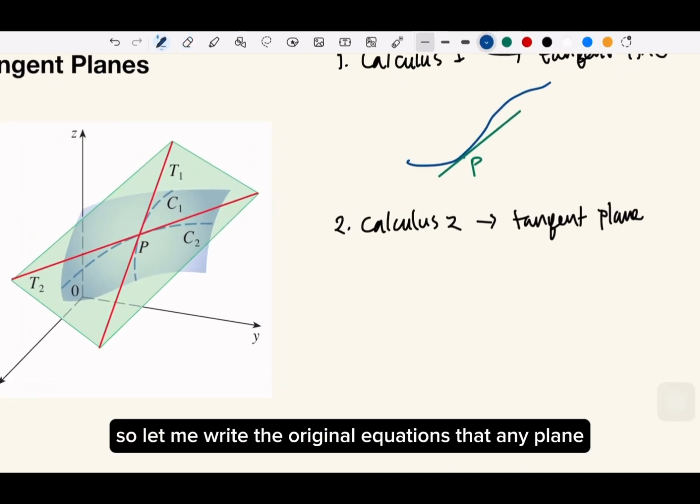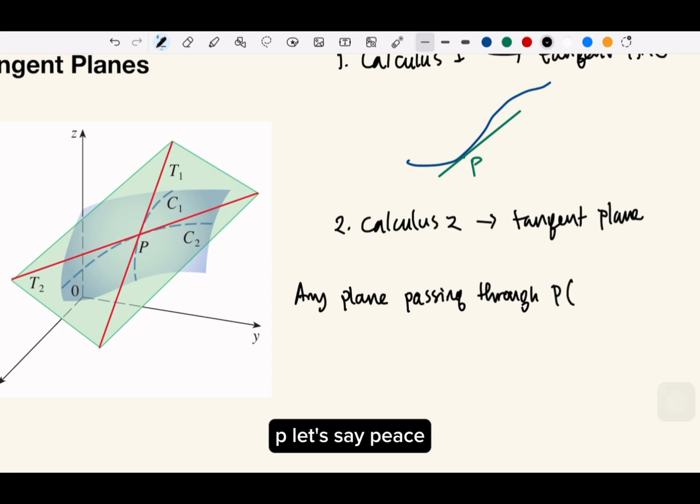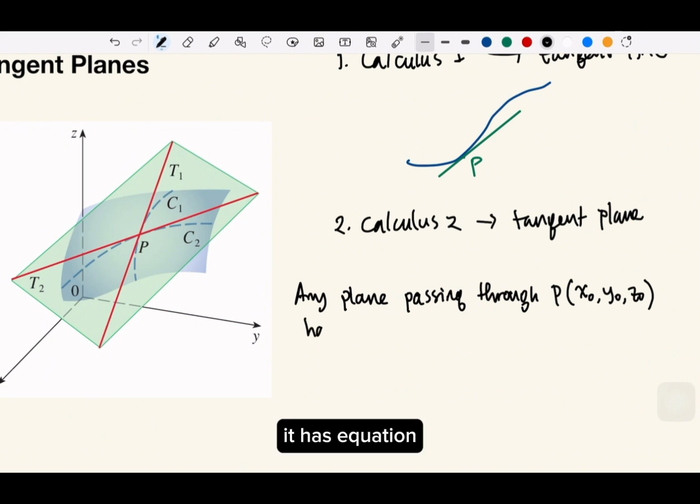So let me write the original equation of any plane passing through P, let's say P has some coordinates x0, y0, z0.